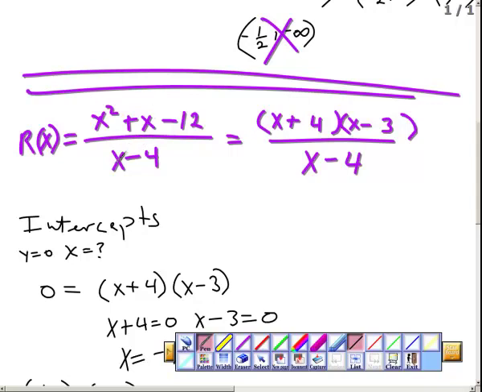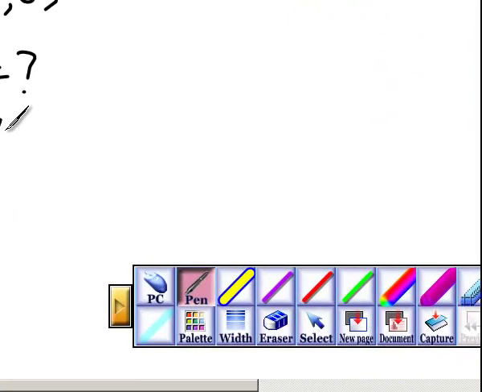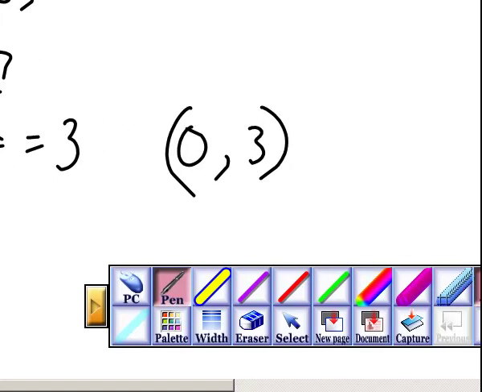What's left? Yeah, negative 12 over negative 4, and that simplifies to 3. Okay, so now we know we have 0, 3 for our y-intercept. All right, questions with that? So you don't have to go through the whole algebra thing. If you just show r of 0 and then what's left, that'll be fine.